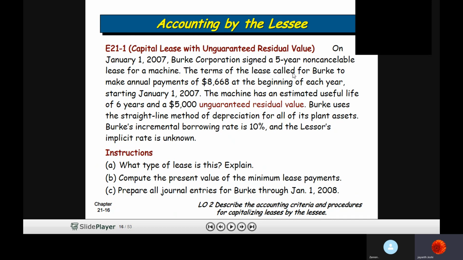Terms of the lease called for Berg to make annual payments at the beginning of each year.